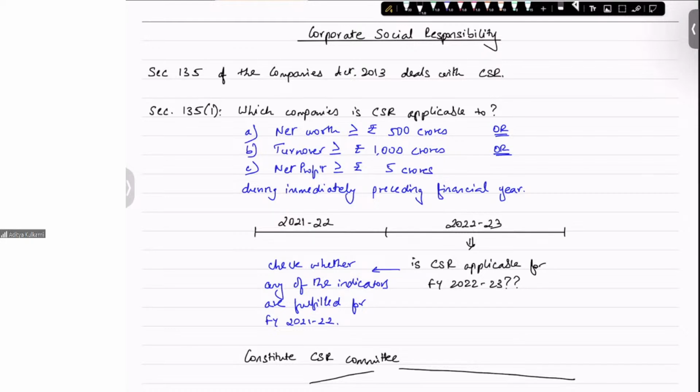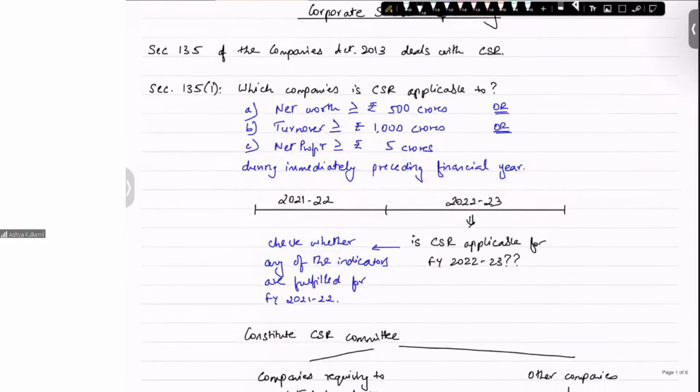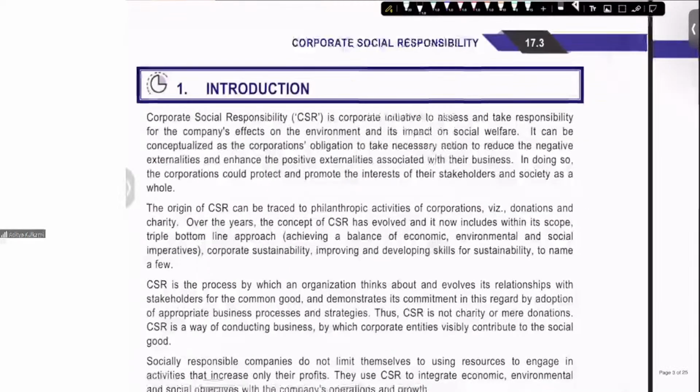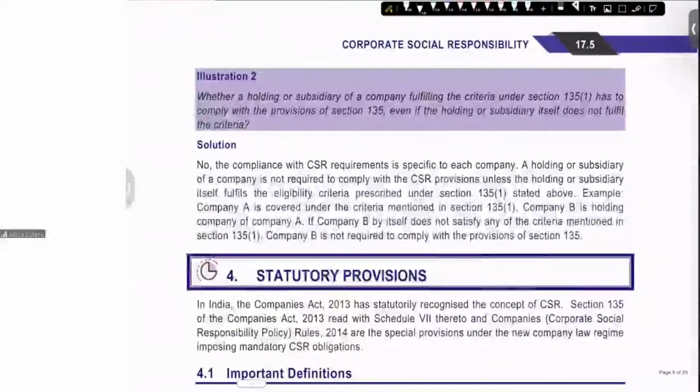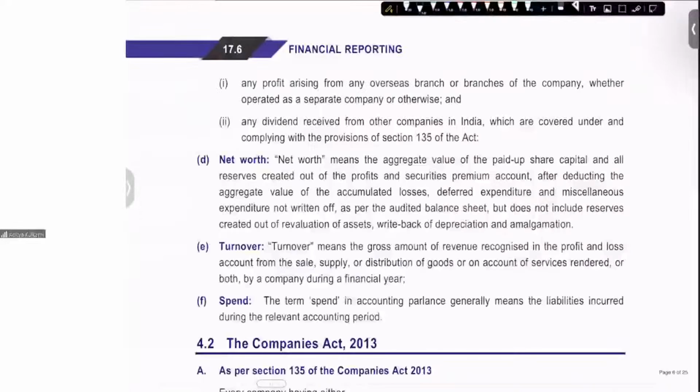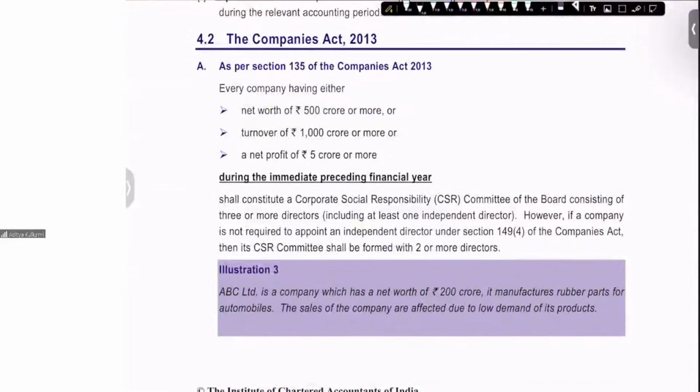So if we have to check for the applicability of CSR for FY 22-23, we will have to check whether the indicators are fulfilled for financial year 21-22. Okay, so if you look at your study material, you are having these particular requirements. Okay, so this is already what I have written.